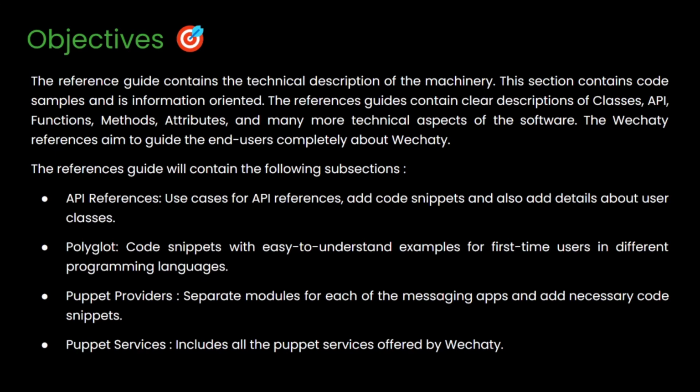The Polyglot contains code snippets with easy to understand examples for first time users in different programming languages. In Puppet providers sections, we updated and added more modules for each of the messaging apps and added necessary code snippets. For Puppet services, it already included some of the mostly used Puppet services offered by Wechaty. We worked on improving it.